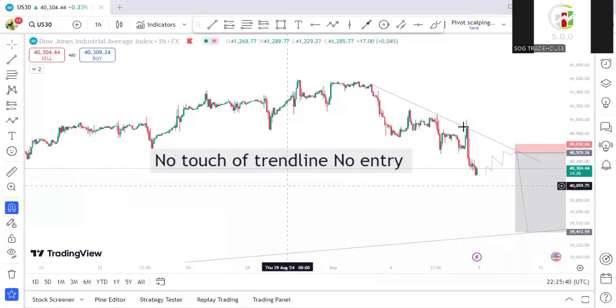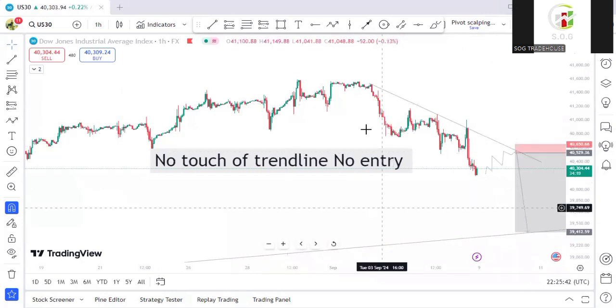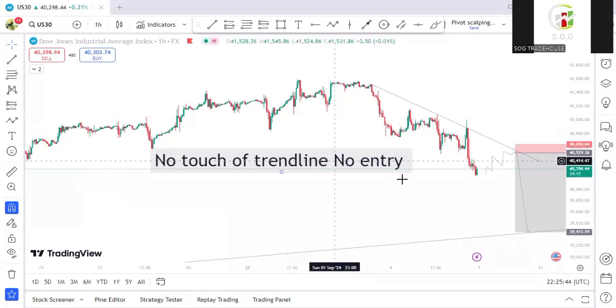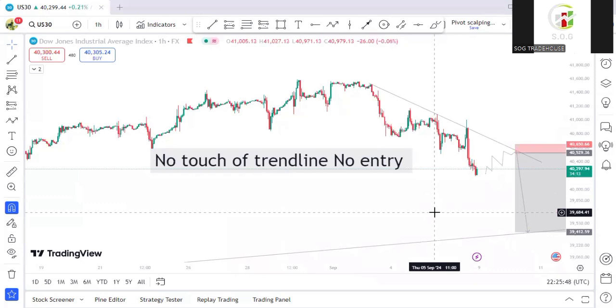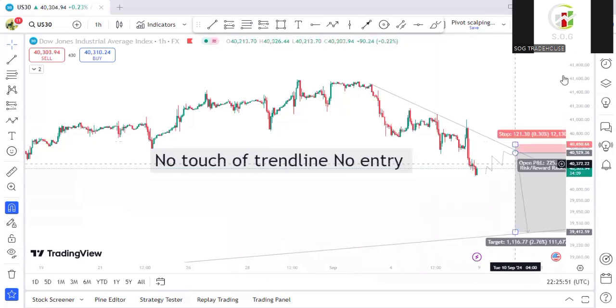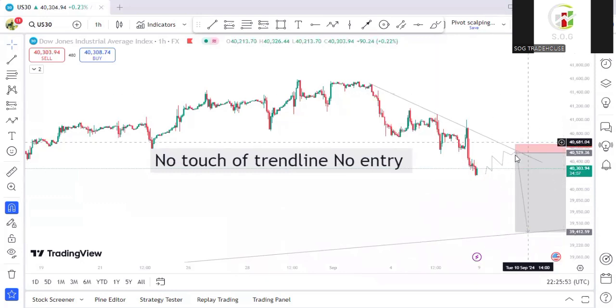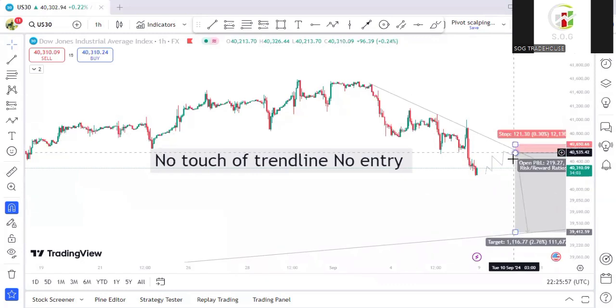Unlike jumping into a trade with support and resistance where you don't have a specific low or high to set your stop loss. So if you're trading trend line, you know if the market breaks the trend line, there's a high possibility that the trend is about to reverse. But if you respect the trend line, you know the market is actually going to continue to the downside.